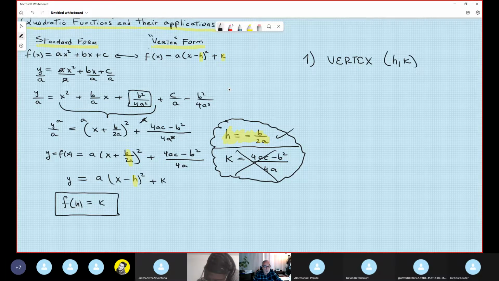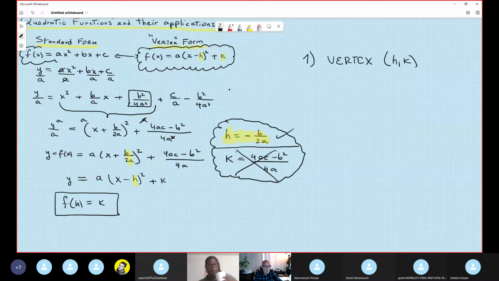See, if the problem gives me the equation in vertex form, it is super easy. It's h and k, I can see them, no computation. If the formula is given in standard form, well, no problem. I use that formula, so I compute h first. h is minus b over 2a.